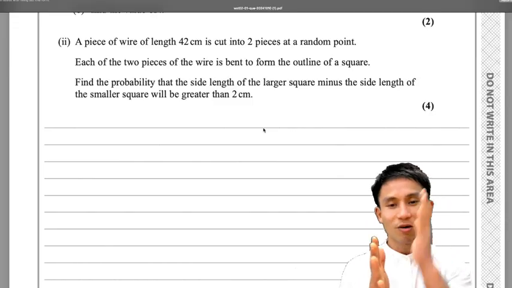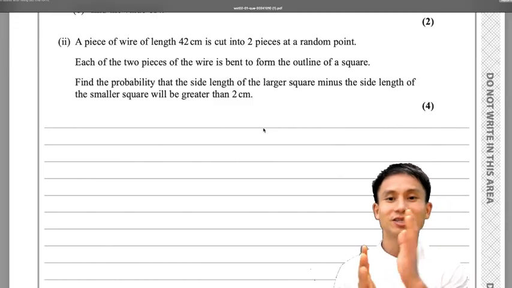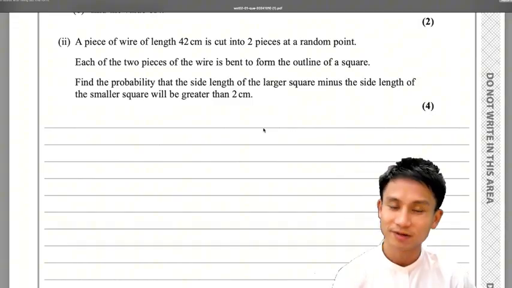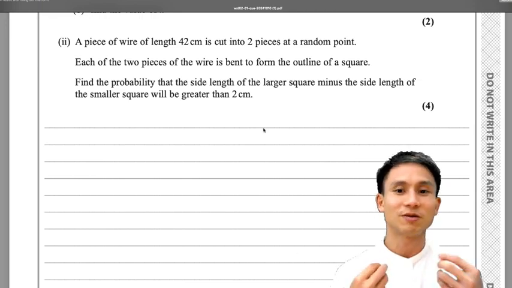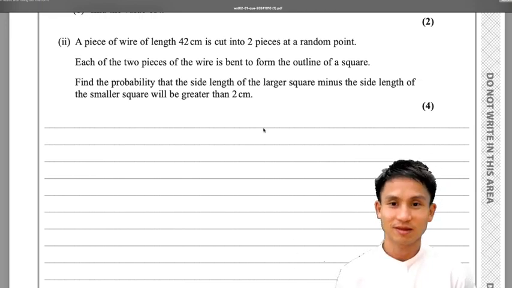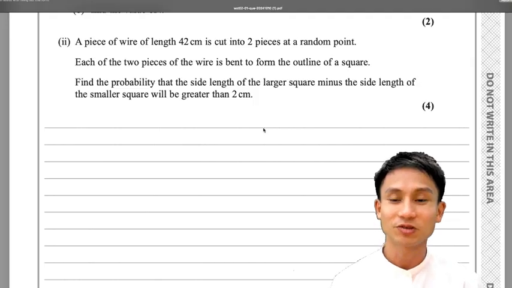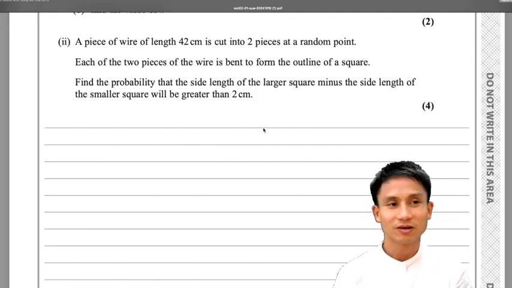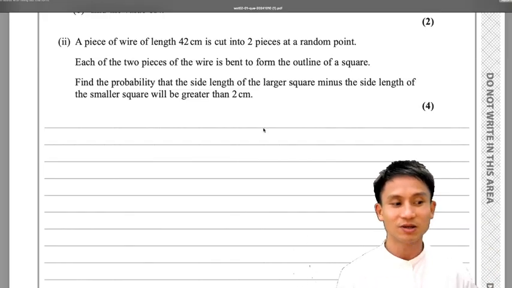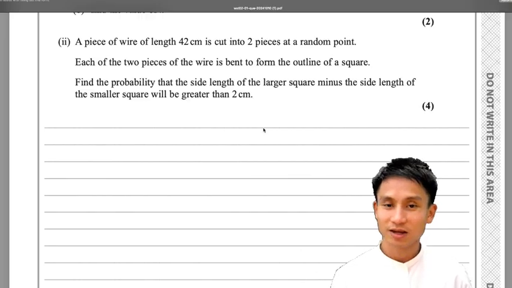It's just that the probability of cutting is considered from 0 to 21, right? Because it gives you the same result. Why does it give you the same result? Because if you cut 5 centimeter from the left, it will be the same as cutting 5 centimeter from the right, right?